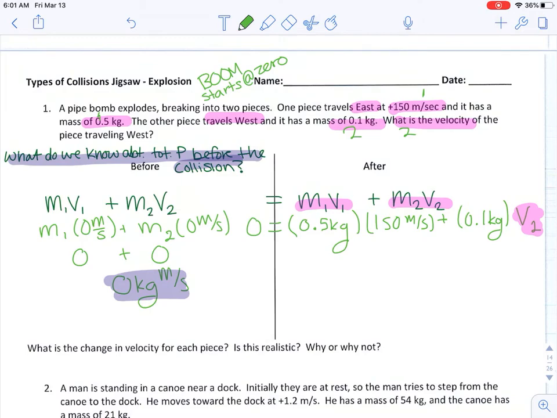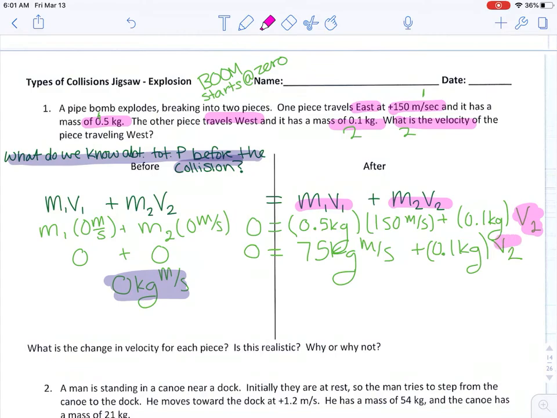All right, then we take the first part and we want to simplify. 0.5 times 150. We're going to end up having 75 kilograms times meters per second plus that 0.1 kilograms times velocity 2.